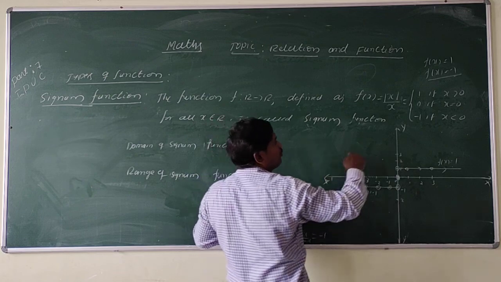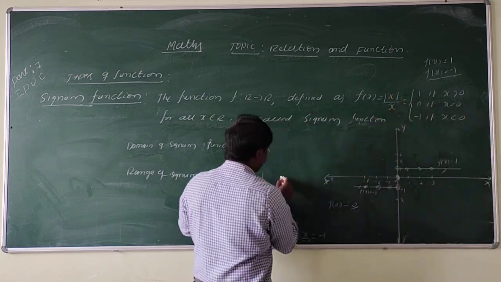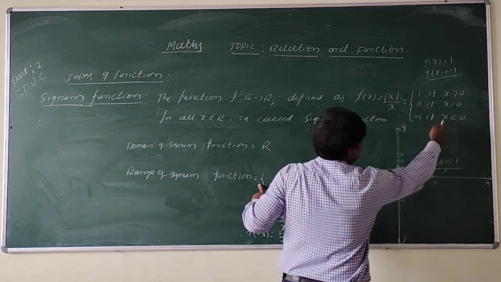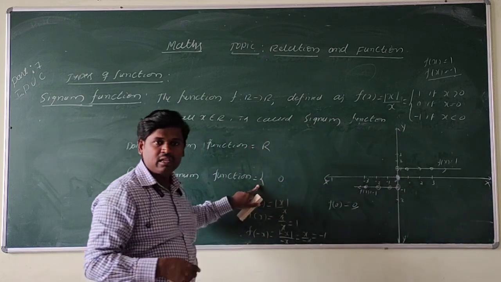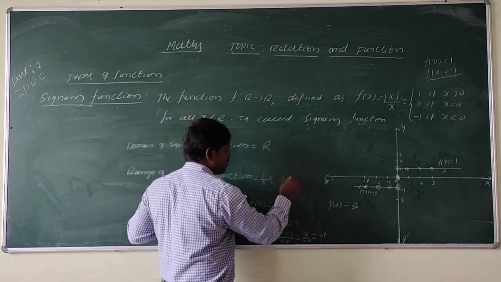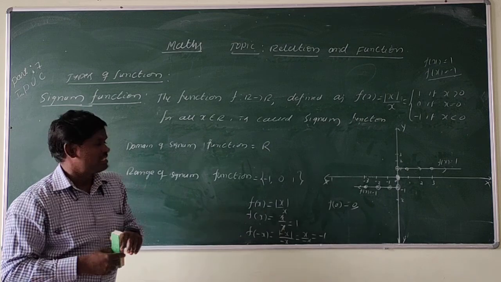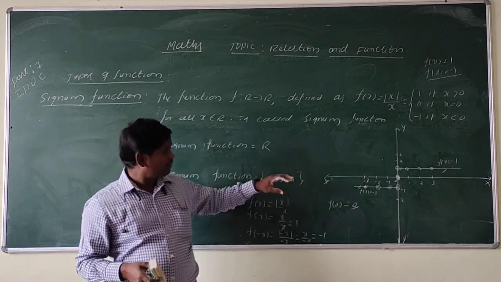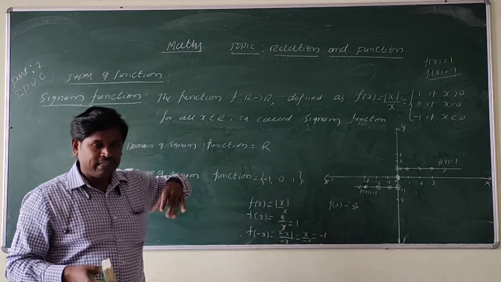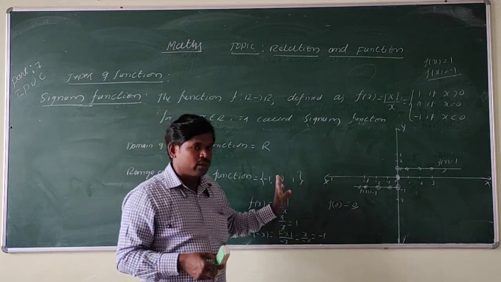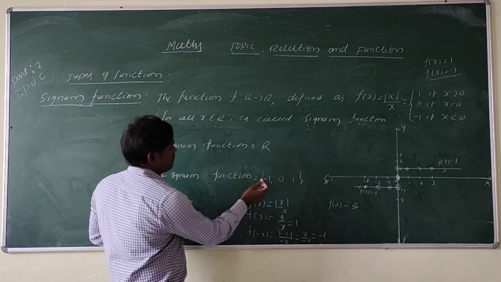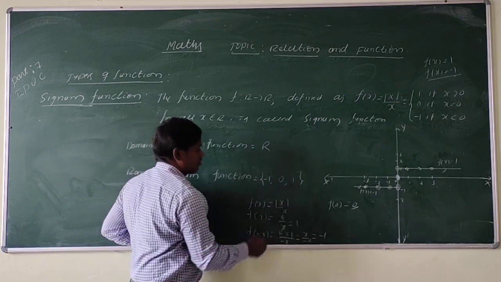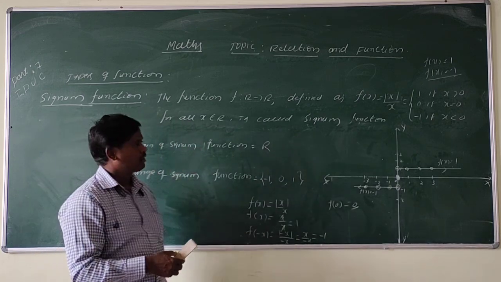Suppose if we put x is equal to 0, then we get 0. Suppose x is less than 0, a negative real number, then output is minus 1. So therefore, the range of this function is these three values: minus 1, 0, 1. Whatever the value we give to x, we get the output as minus 1, 0, 1. So therefore, the range of signum function is minus 1, 0, 1. Is it clear? Write down.